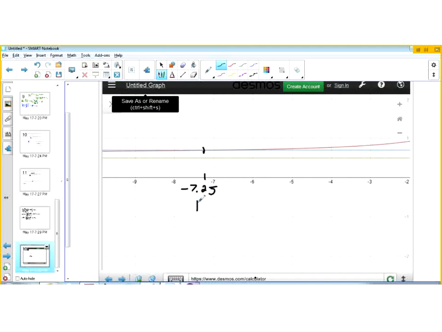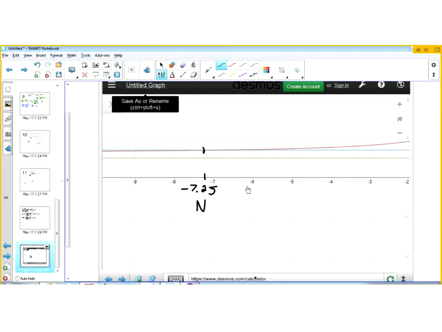So in this case, here's the value of n, such that if x is bigger than negative 7.25, then we can guarantee that the red curve will stay between 0.5 and 0.7, on that side at least, because of the asymptotic nature of the green lower bound of the strip.